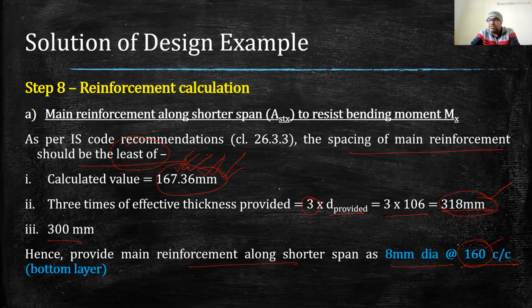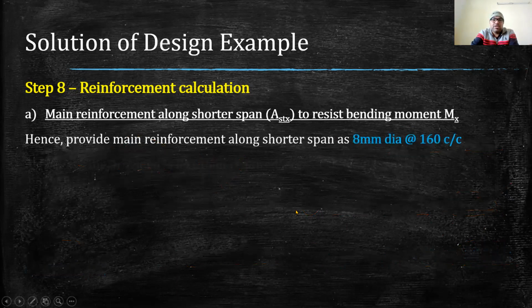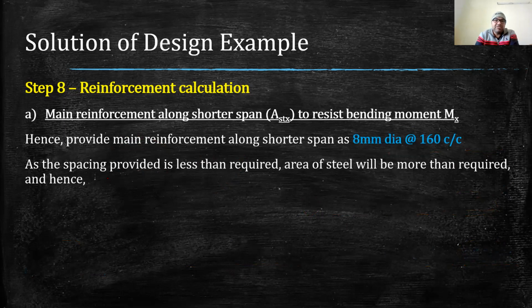But what is the amount of reinforcement that we are providing, that is also required to be known. As the spacing provided is less than required, area of steel will be more than required, and hence what will be that more area.